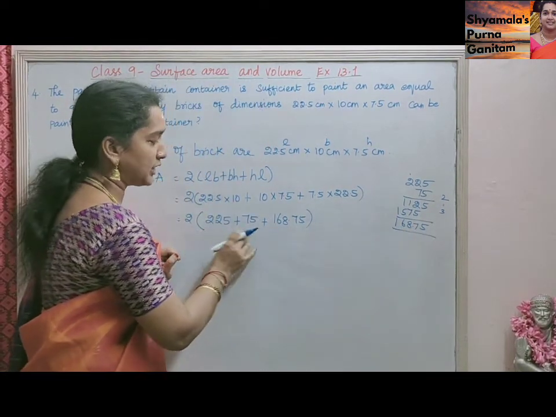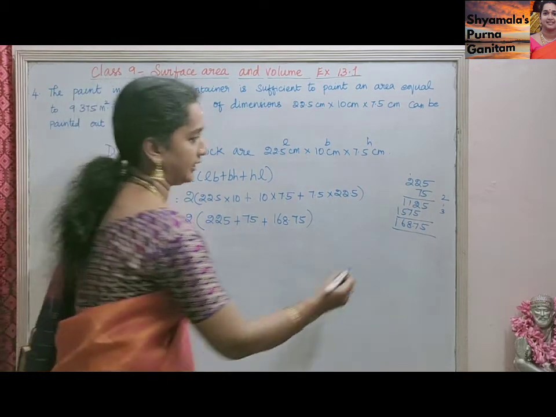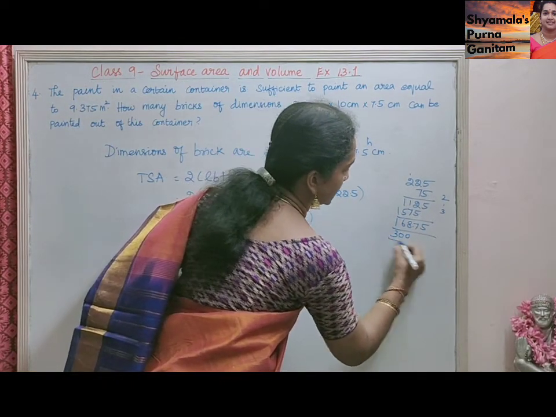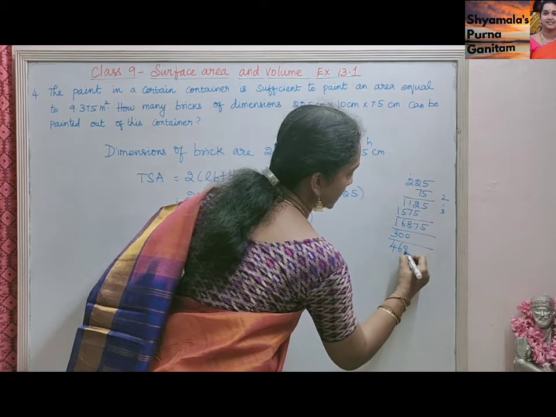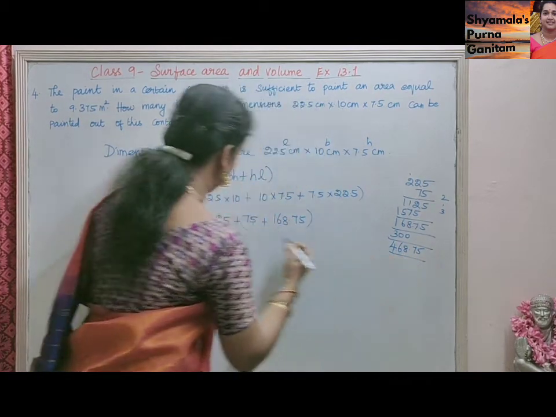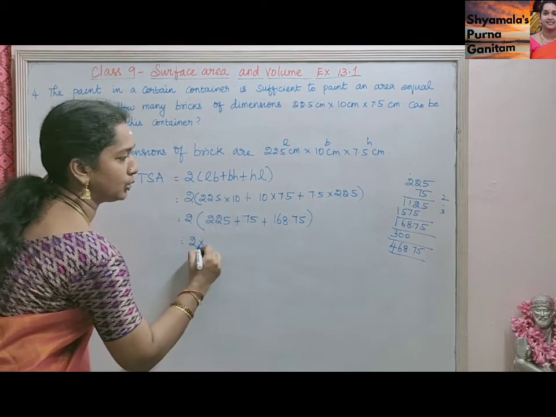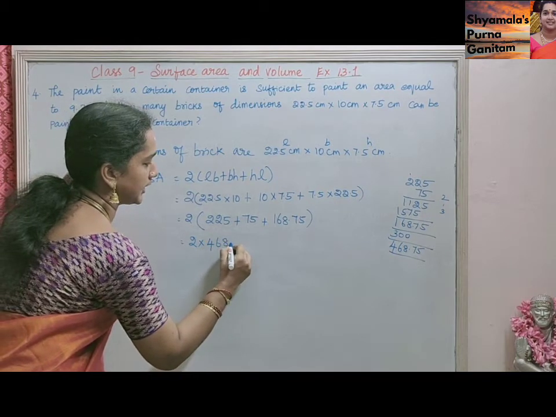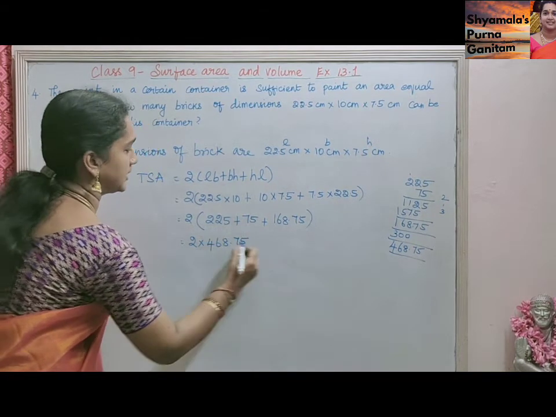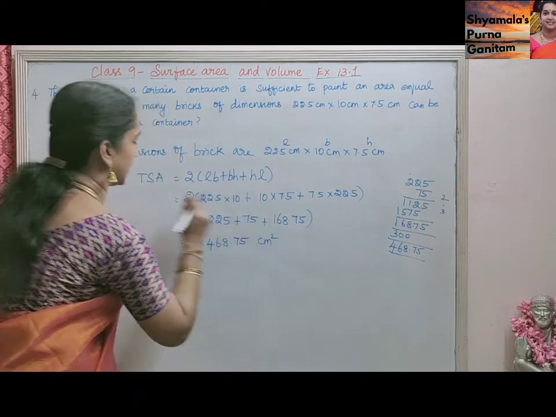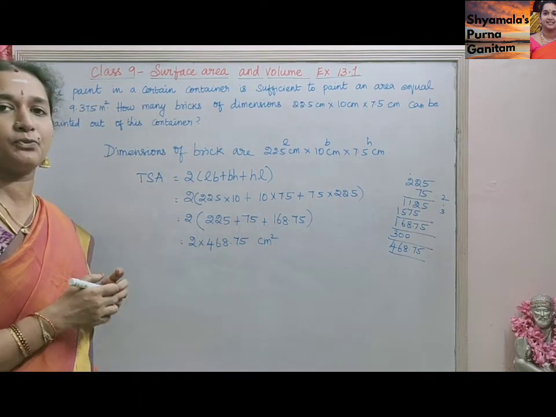Then 225 plus 75 is 300. We add 300 with this and get 468.75. So this is 2 into 468.75 centimeter square. This is the TSA of one brick.